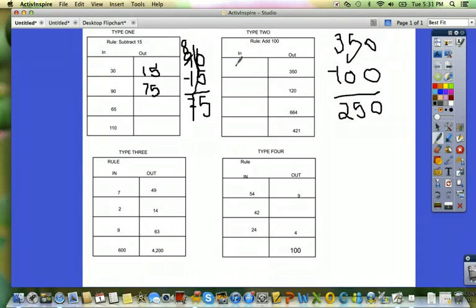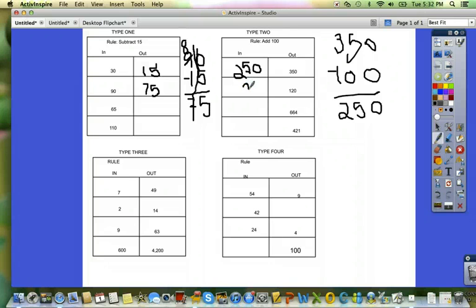So I know that going in, the number was 250. Okay? Then once it was in my function machine, 100 was added to it, and it equals 350. That's what came out.